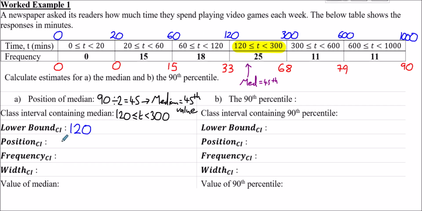So it's the 12th value in the interval. The frequency of this class interval, as you can see here, is 25. And the width of that class interval, it goes from 120 to 300, so the width is 300 minus 120, which is 180.